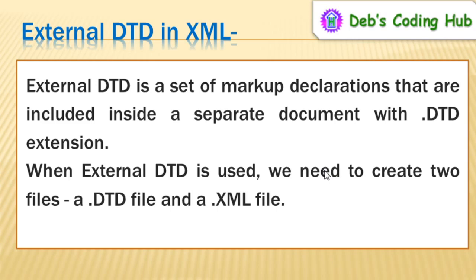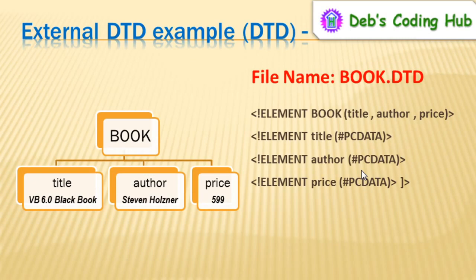Now when we create an external DTD file or use an external DTD for an XML document, we need to create two files. First one is a .dtd file and the second one is a .xml file that will use the DTD. So let us see how it can be done. This is the structure.